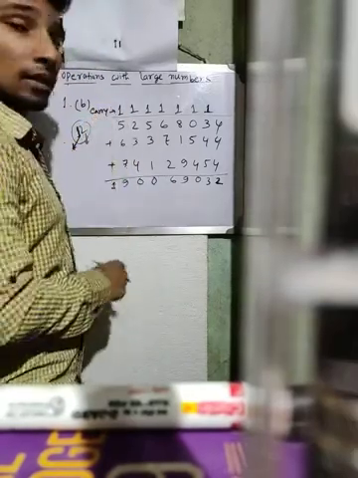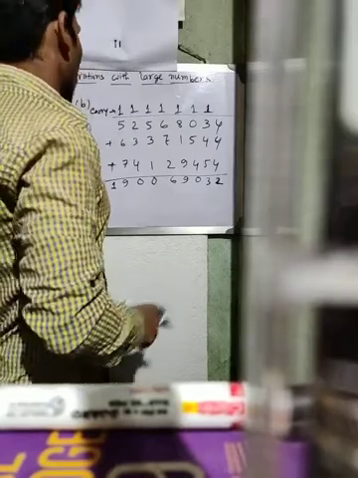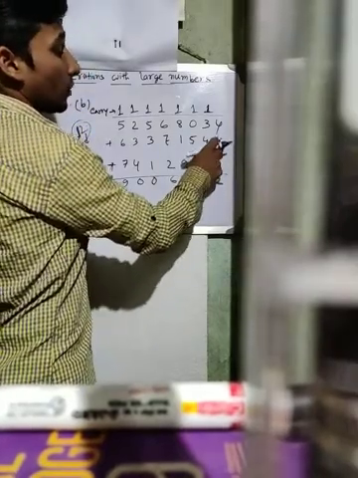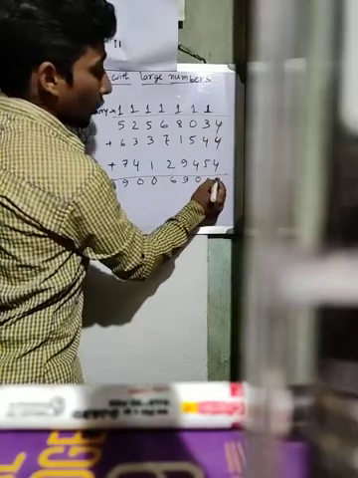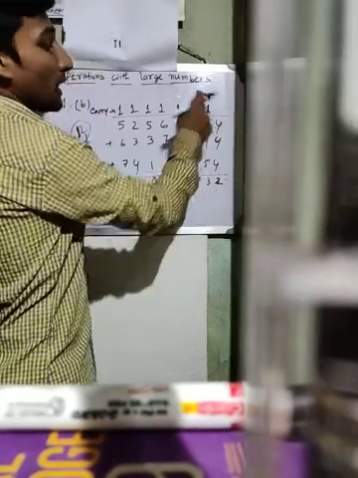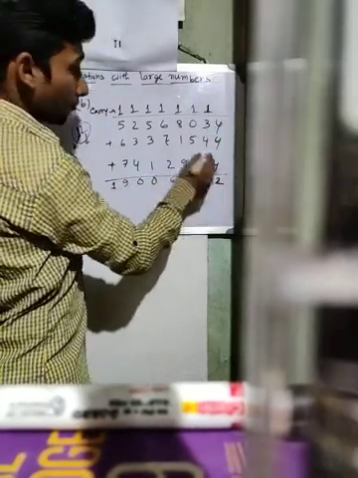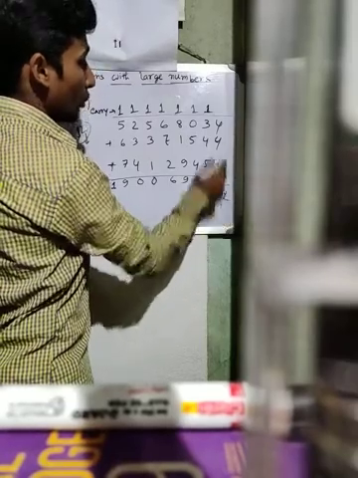I am repeating. 4 plus 4 is 8, plus 4 is 12. So 2 will be placed here and 1 will be the carry. Next, 5 plus 4 is 9, plus 3 is 12, plus 1 is 13. For 13, 3 will be placed here and 1 will be the carry.